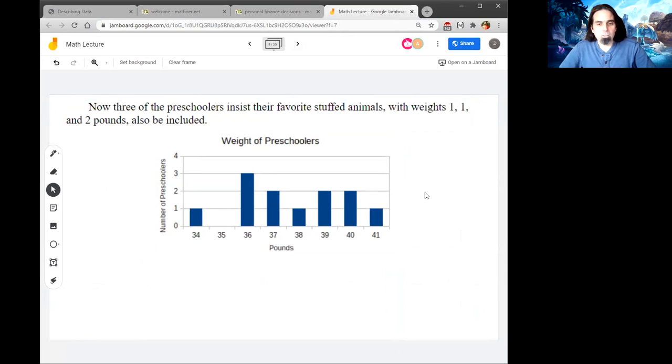Our classroom has more than just us. We love our stuffed animals too. So we're going to take our histogram and go way over here. And there's a 1 pound and a 2 pounds. And we're going to make a bar that's 2 high and a bar that's 1 high for our 3 stuffed animals that we love so much.